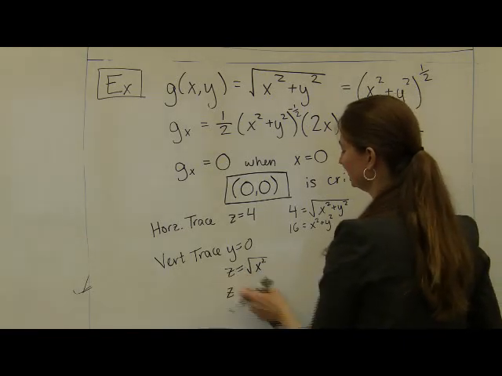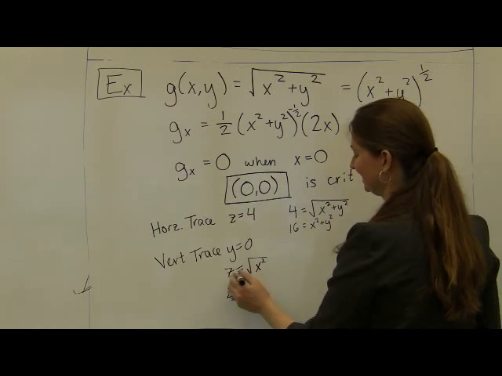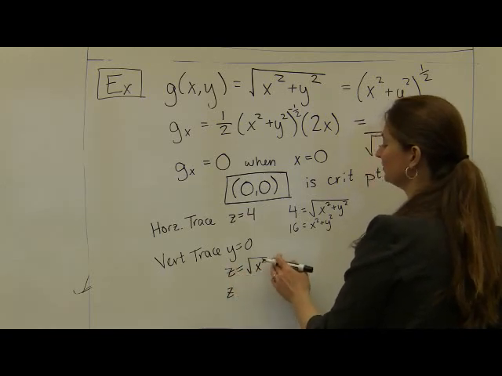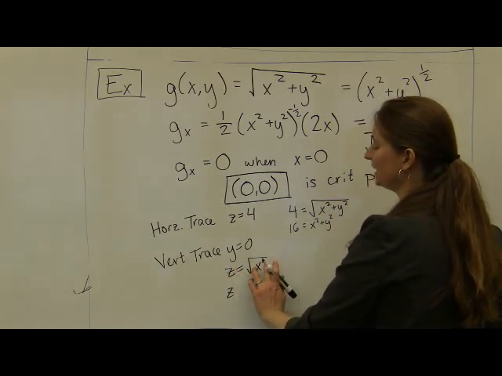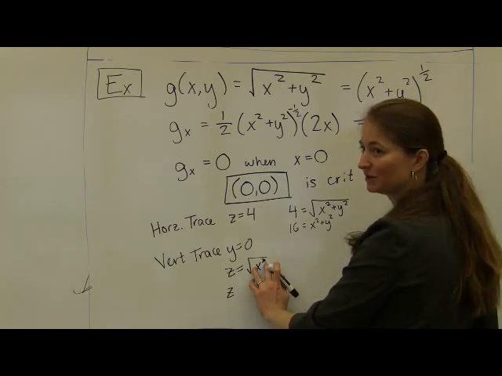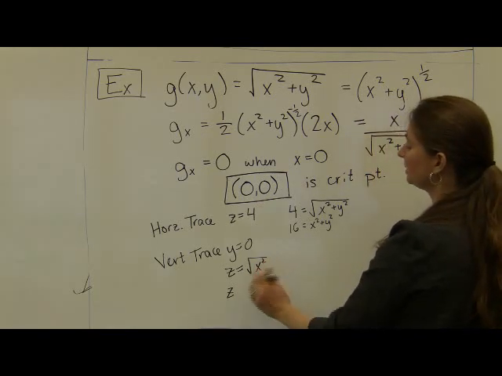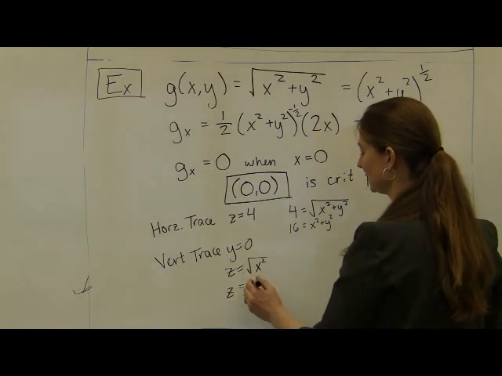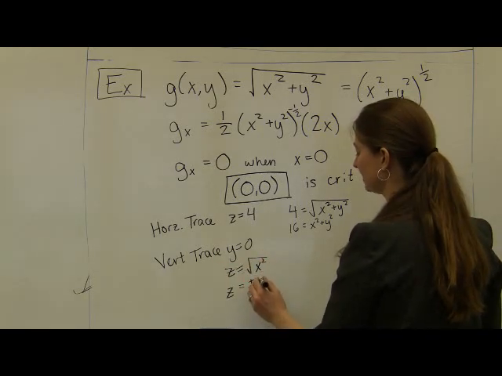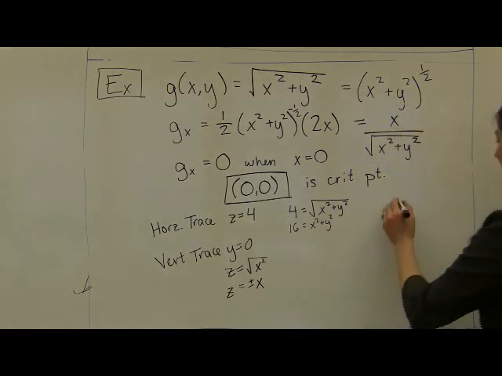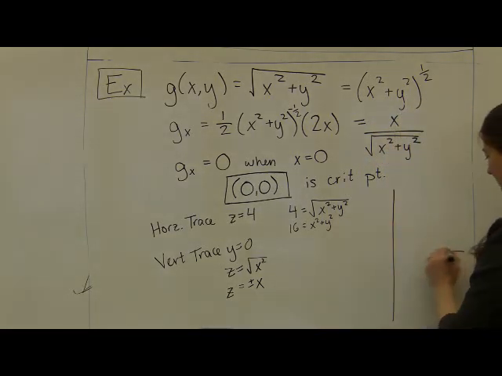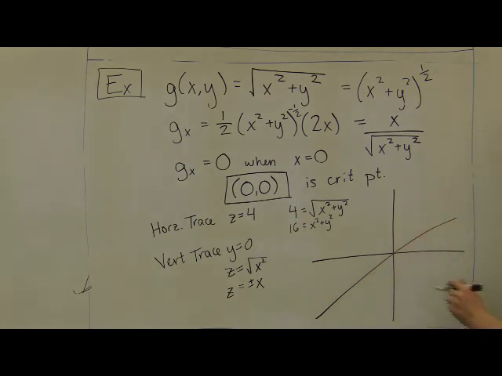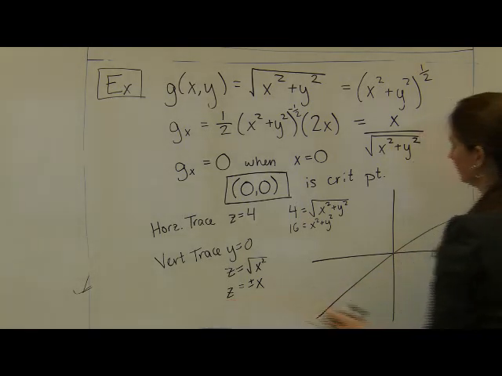Maybe I'll just say that if z is equal to the square root of x squared, we know that by the domain of x squared, which isn't a one-to-one function, I could have both positive and negative values. Or I could square both sides and then square root both sides again, and I see that z is equal to plus or minus x. Either way, it means that this is actually just a straight line.